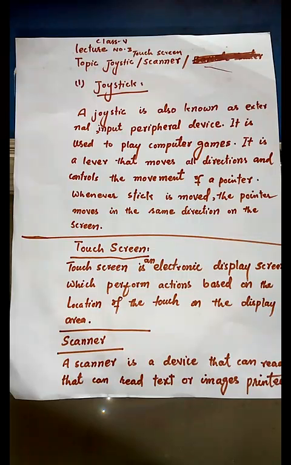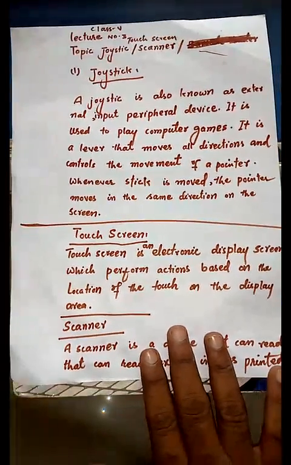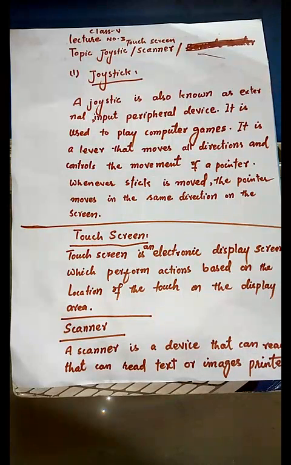Number 2, the device of our discussion is touch screen. A touch screen is an electronic display screen which performs actions based on the location of a touch on the display area.